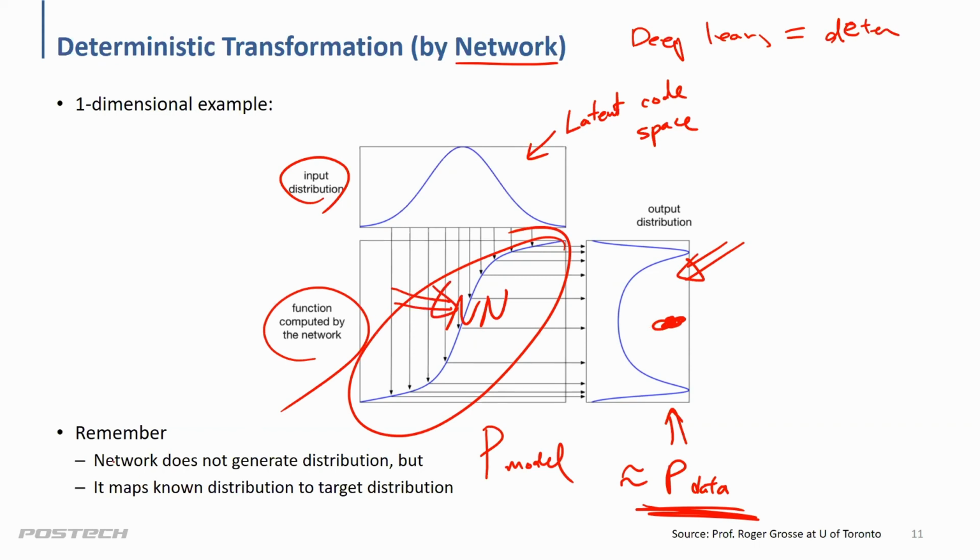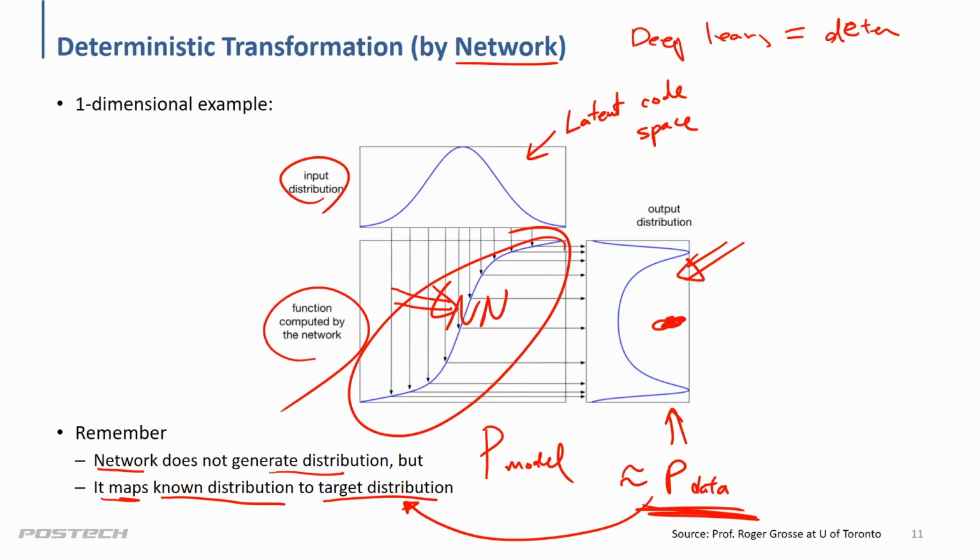So remember, the neural net does not generate distributions, but it maps distributions. We use a uniform or Gaussian distribution and map it to the target distribution, basically this. So again, a neural net is a deterministic transformation, and it is not able to create or generate the distribution itself.